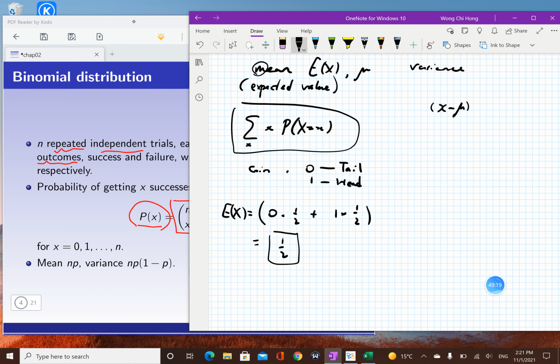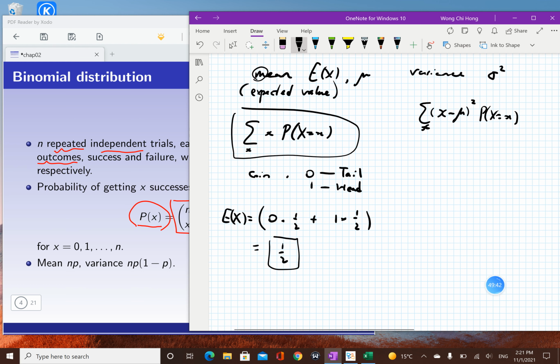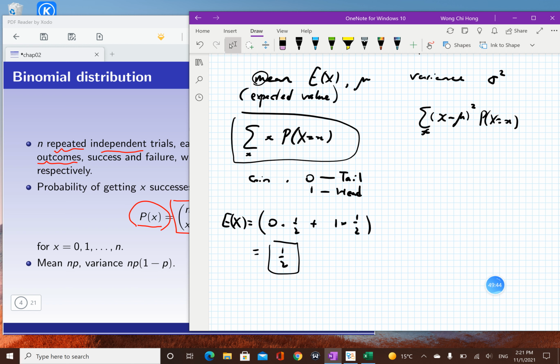So for variance, just like what we explained before, we square these guys before we add them. With x minus mu, we square them and multiply by the corresponding probabilities before we add them all up. That's what we get for the variance, and sometimes sigma squared.